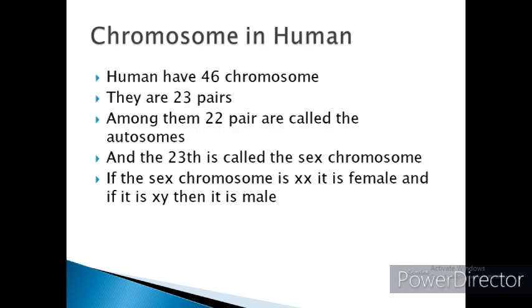In detail, we'll be talking about the human chromosome. We have already understood that humans have 46 chromosomes and 23 pairs. Among these 23 pairs, the 22 are known as the autosomes, and the 23rd is known as the sex chromosome. If the sex chromosome is XX, then it will be a female, and if the sex chromosome is XY, then it is a male.